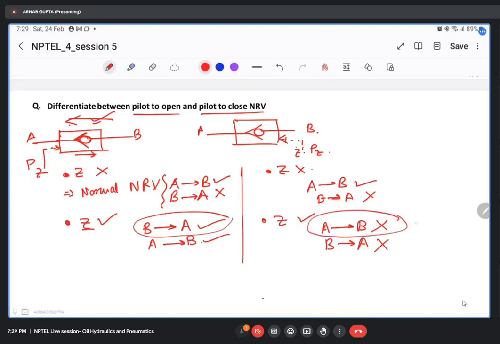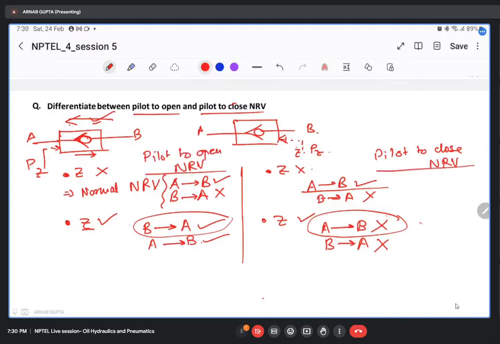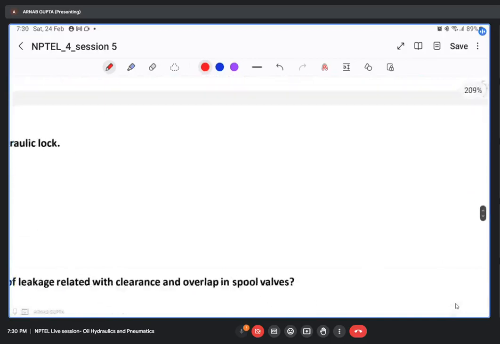So this is the new thing that is happening, on the contrary to the normal operation. So this shows that the valve is closing. That's why we call it a pilot to close valve. This is pilot to close NRV, and this one is pilot to open NRV. This is the functional difference, I would say.